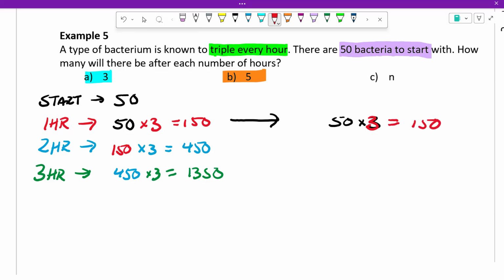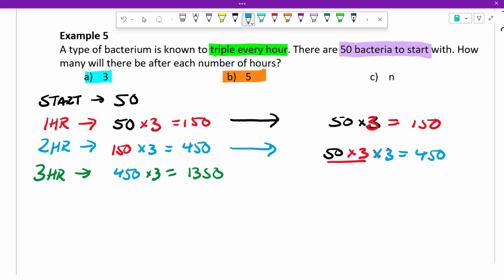Our second calculation was 150 times 3. Where did the 150 come from? Oh, the previous 50 times 3. So that was 50 times 3, that's our 150, and we tripled that, and we got 450.